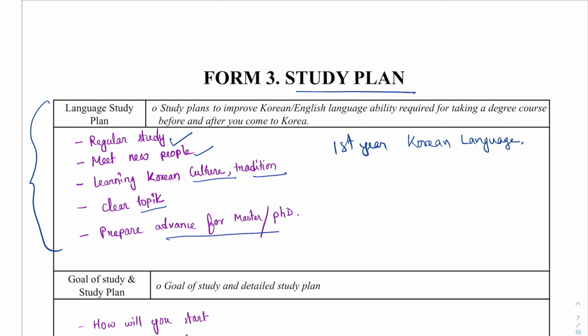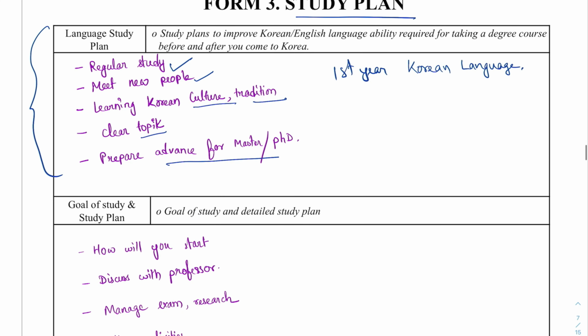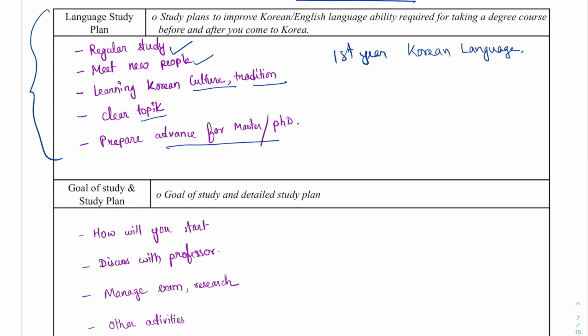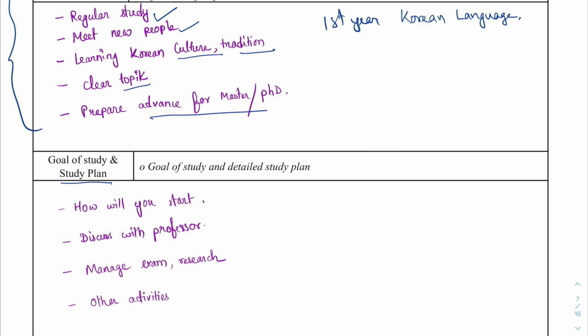So that's all you have to mention in this space, and then you go for the goal of the study in detail. You can divide it semester-wise or year-wise, all up to you. You can write the key points: how you will start your project, discuss with your professor, develop the project, start the literature review, and manage time for exams, presentations, research and other activities.